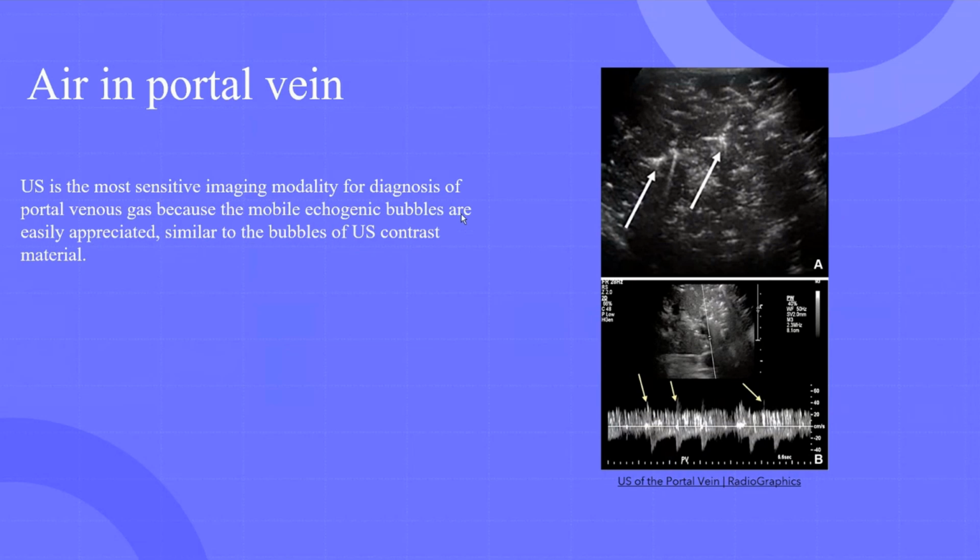This 2D ultrasound image shows multiple echogenic foci in a vascular distribution throughout the liver, representing portal venous gas. In real-time imaging, the echogenic foci move peripherally in the direction of portal venous flow. This spectral waveform demonstrates the classic waveform seen in the presence of portal venous gas, with numerous thin spikes over here.